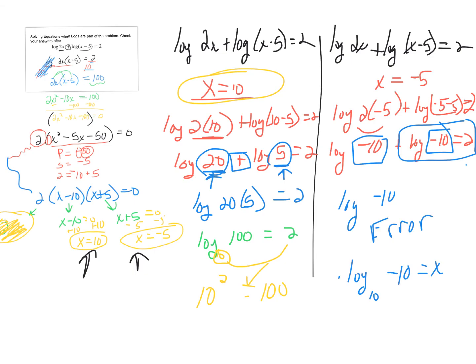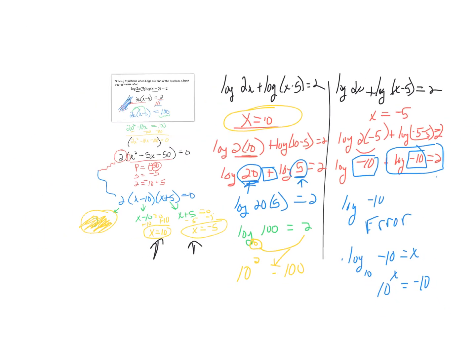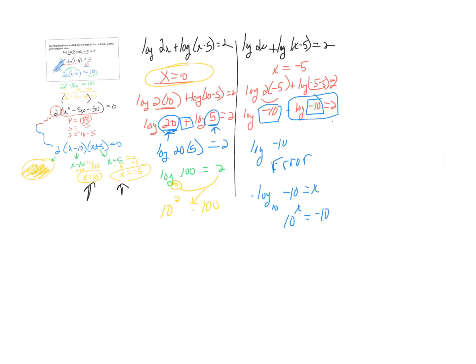So we do our loop-de-loop. We're going to have 10 to the x is equal to negative 10. Okay? And I say, we have to think about it. Well, 10 to what power gives me negative 10? And this is where I have students tell me all the time, oh, gee, that's easy. x is negative 1.